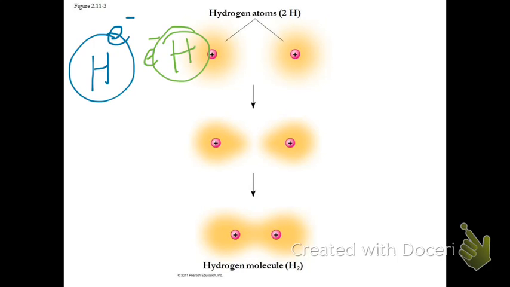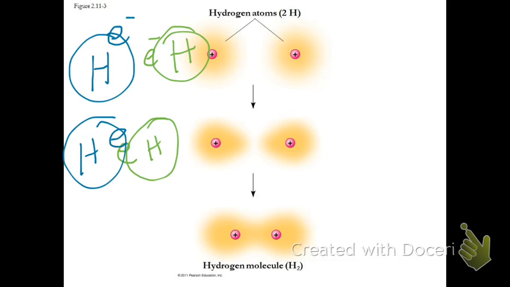When that comes together, they can share that pair, and so we will have a horrible drawing, but you can get the idea. 1 pair of electrons are being shared. And we'd write that as a single covalent bond. Covalent bonds have a solid line.